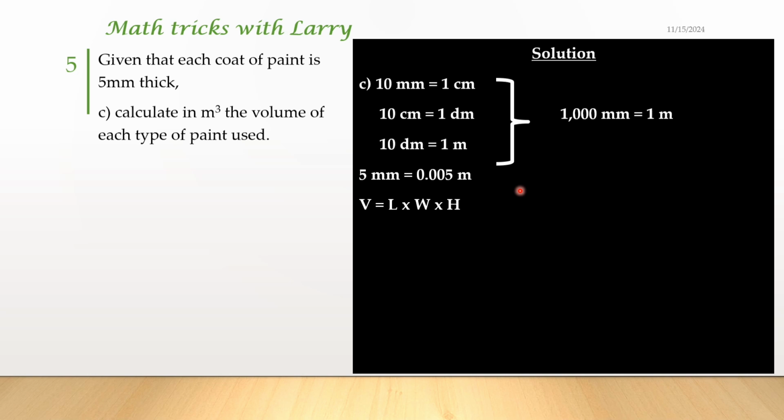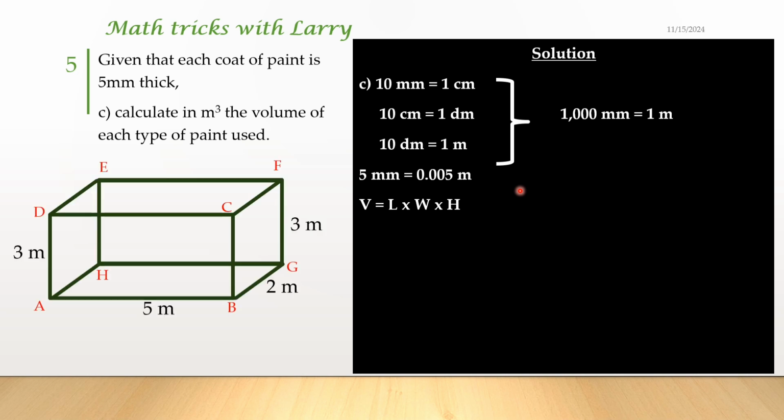Now, you also recall that volume is equal to length times width times height. In this case, let's consider just one surface of the cuboid. This is our cuboid, which we were given from the outset. Let's consider the side ABCD. The side ABCD, we will paint the exterior and the interior part.